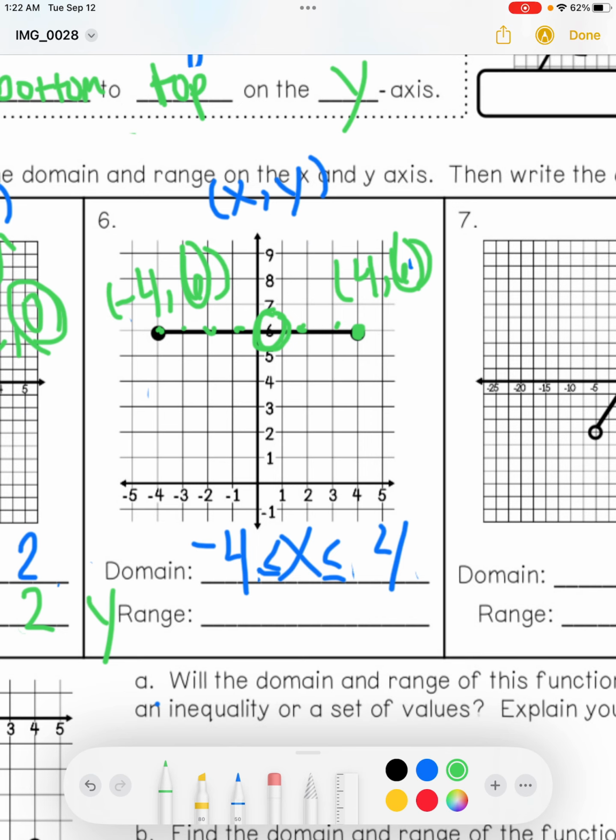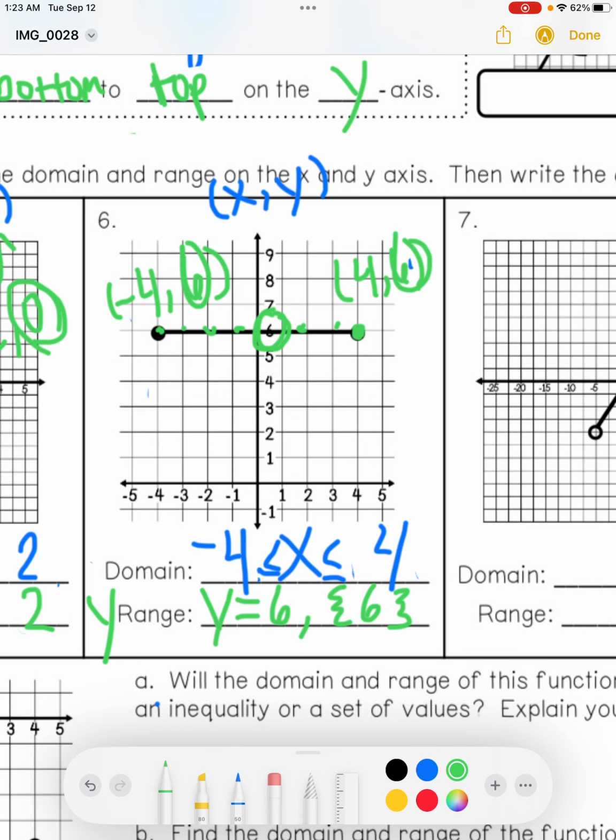No matter where I check, the y value does not change. So we would just say y equals 6, right? That would be one way to write it. Let's move that over, actually. Y equals 6 is one way to write it. Or they could put it in the fancy brackets, like we did last time, since it's only one number, right? We can use the brackets when there's not too many numbers to write.